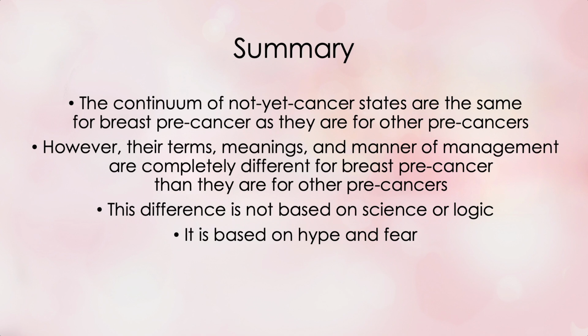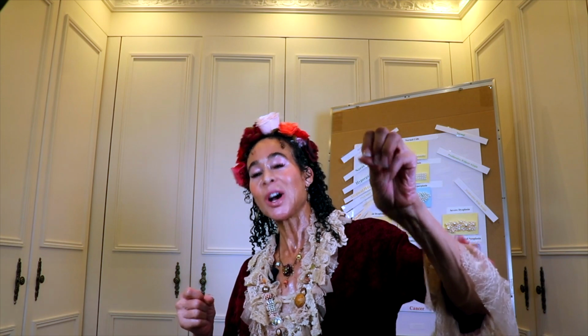It is based on hype and fear. That sets the stage for our next video, which will be on carcinoma in situ of the breast. I'm sure most of you have heard that label, but you've never heard the truth about it. And you know that I always tell you the whole truth and the whole story. So be sure to come back for that video.